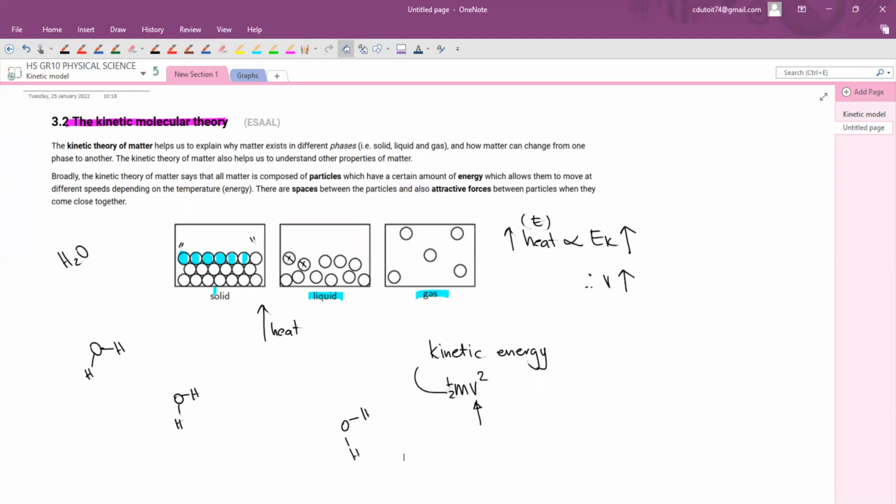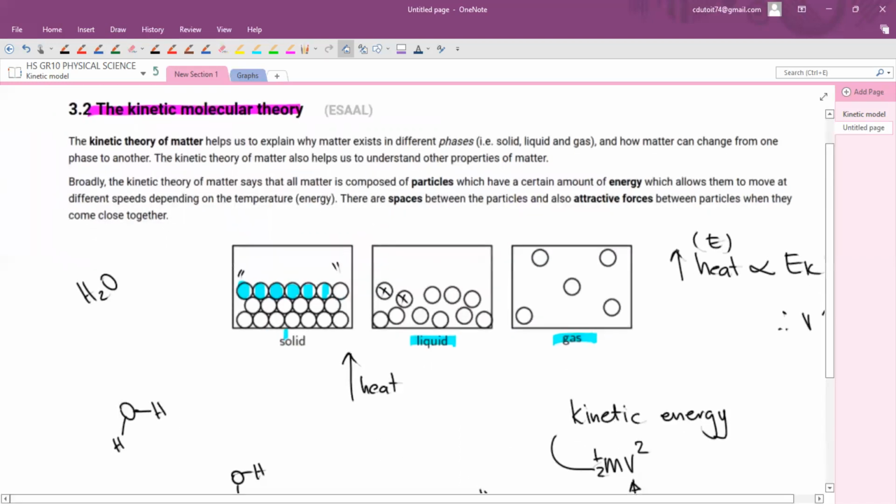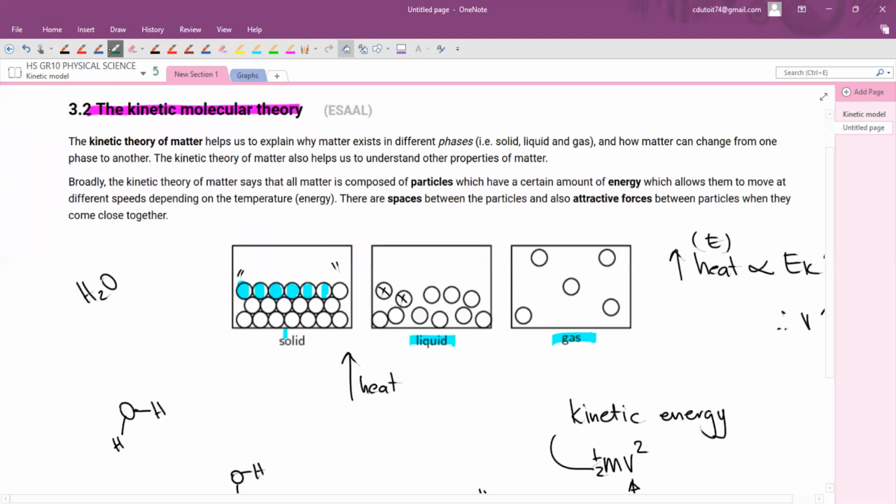Is that okay? Yeah. Okay. Just quickly read that. If you can see on the screen, just read that. That is the type of paragraph that you'll get, that you'll have to learn and explain.